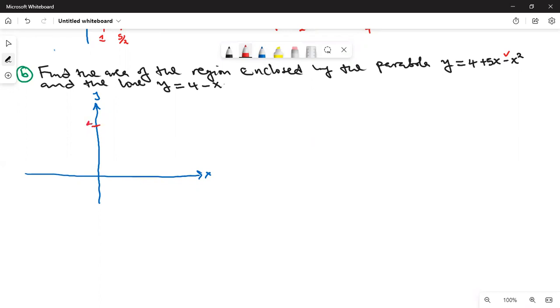You could also find the x-intercept. You solve 4 plus 5x minus x squared equals 0. Solve it to get the points of intersection with the x-axis.